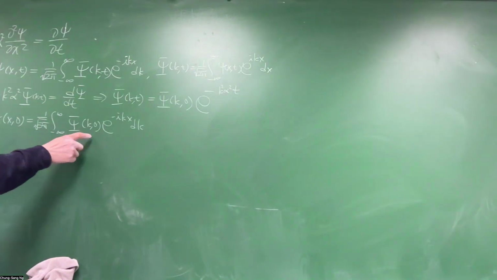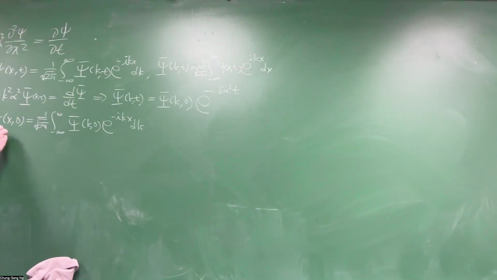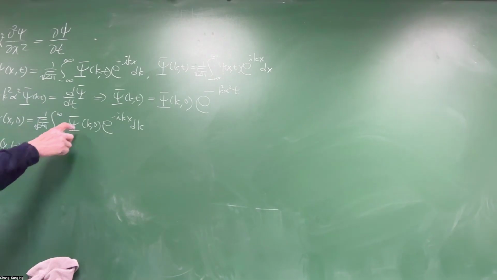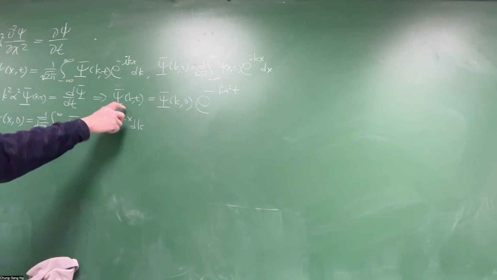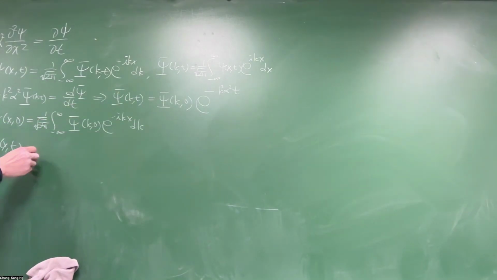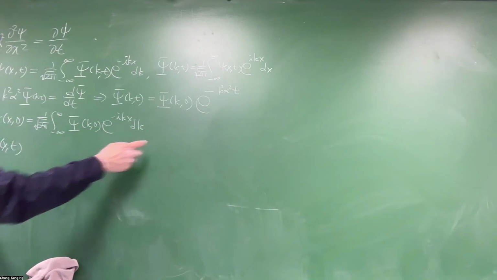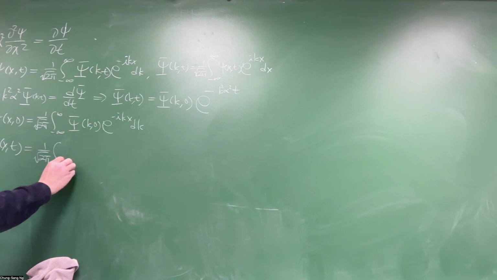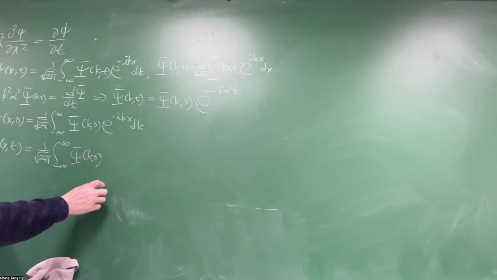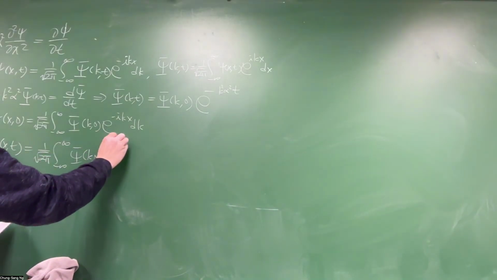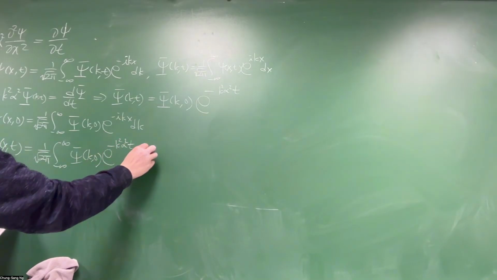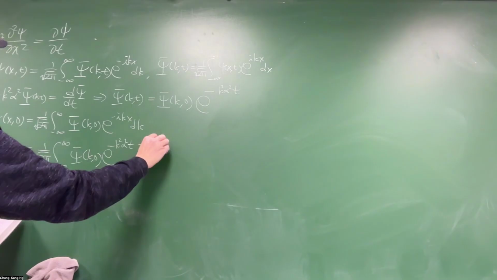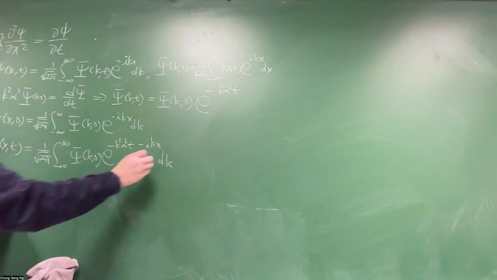This is just a constant, and this is the initial condition, and the full solution is simply this. Everything is the same except you have the extra Gaussian in k, and then you have this ikx factor integrated over k.